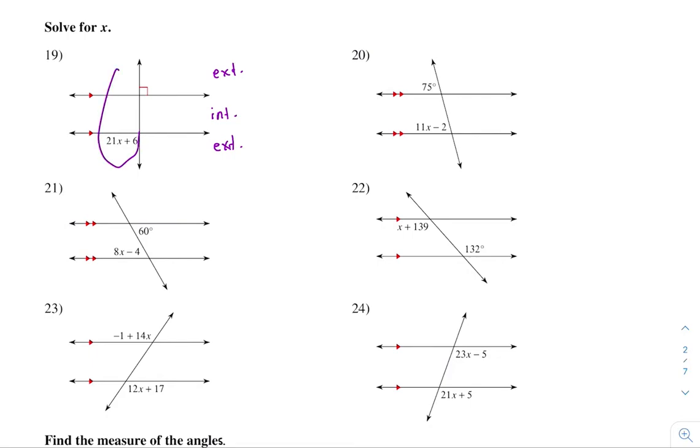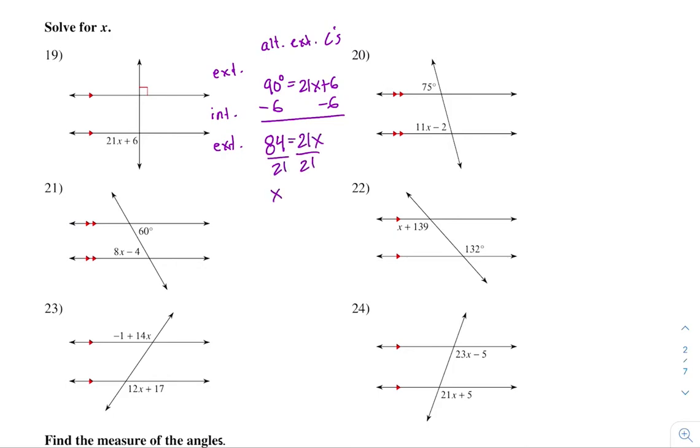They're not on the same side of that transversal. So we got alternate exterior angles, which means alternate exterior angles are congruent. So that means the 90 degrees has to equal 21x plus 6. We solve, so subtract 6 from both sides, we get 84. Divide both sides by 21, so x is going to equal 4.